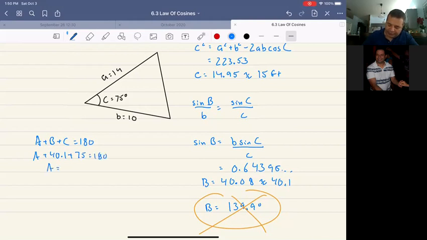So A equals 64.9. All I did there was take 180, subtract 75, and subtract 40.1.